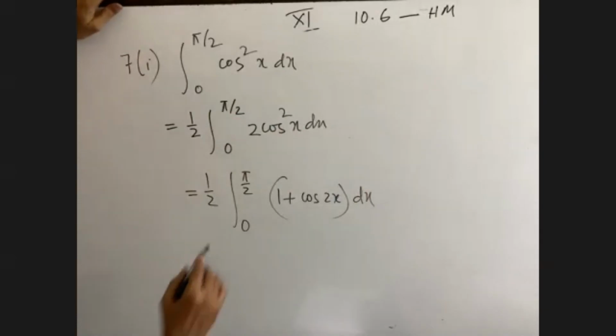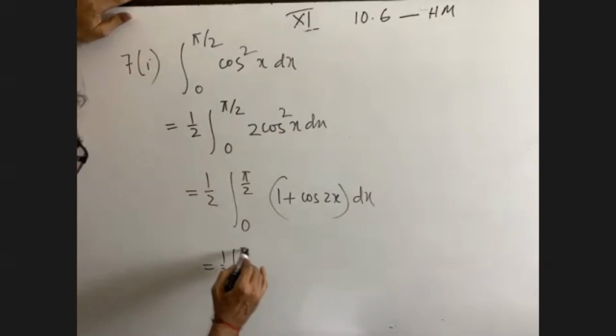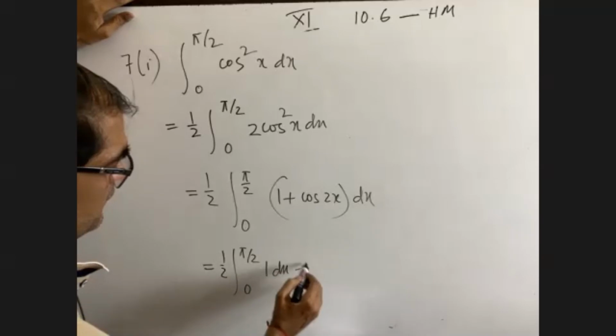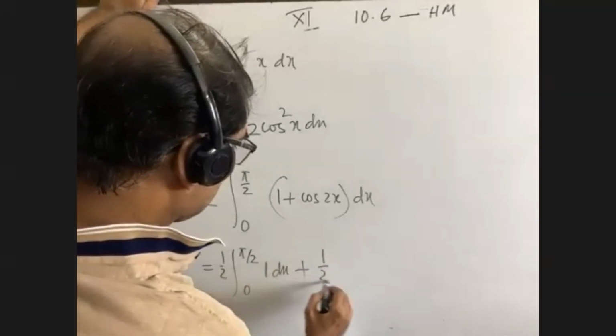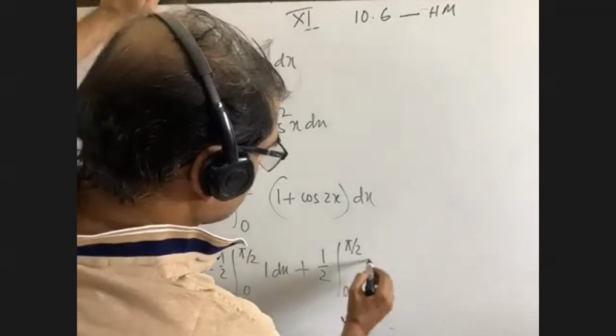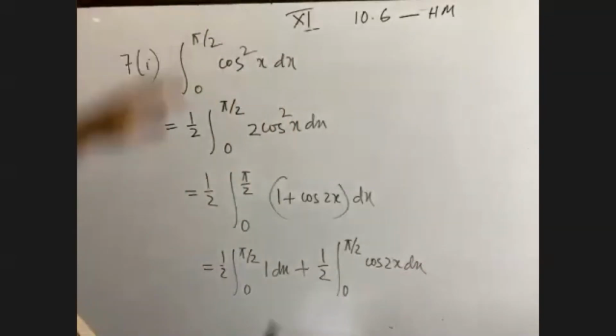Yes. Now it can be written as half the integral from 0 to pi by 2 of 1 dx plus half the integral from 0 to pi by 2 of cos 2x dx.